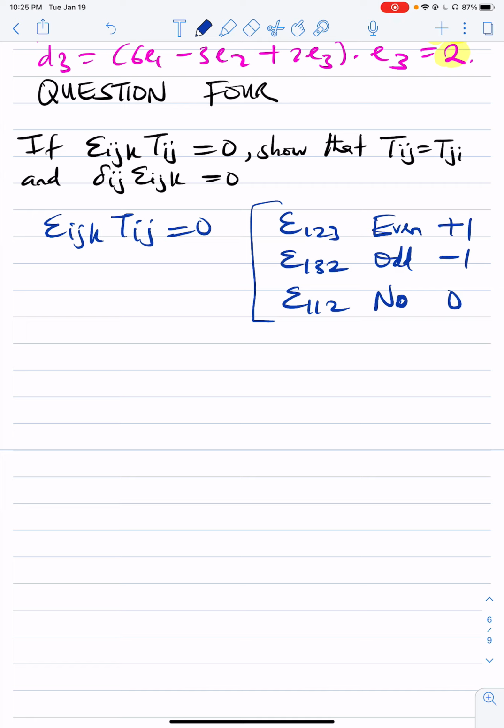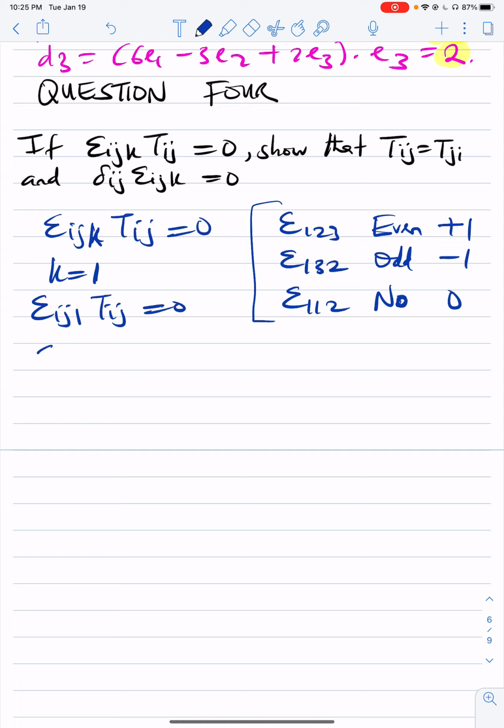So if you have epsilon ijk, you always start with the ones that have just one variable. Look at ijk, i and j are 2, but k is just 1. So if k is equal to 1, Tij, right, is equal to 0.